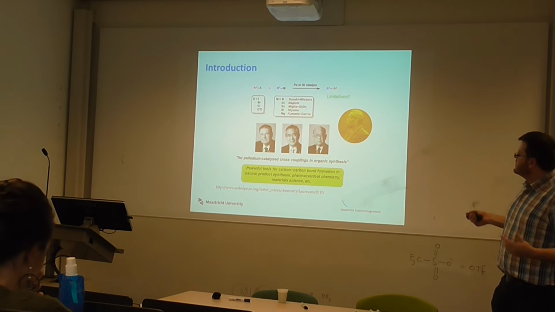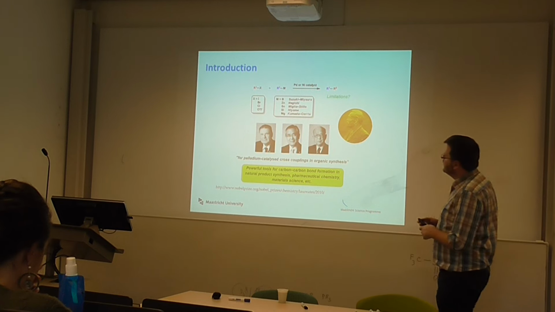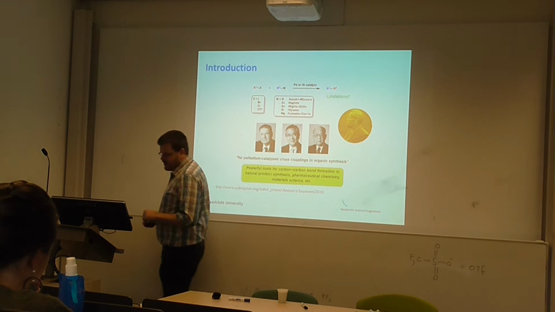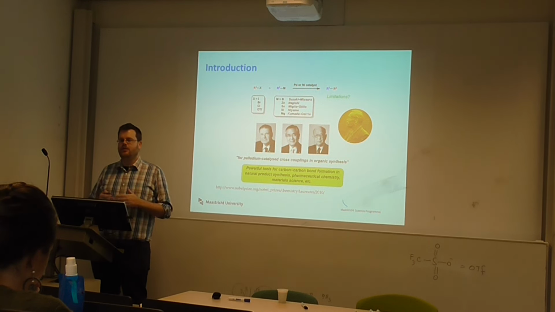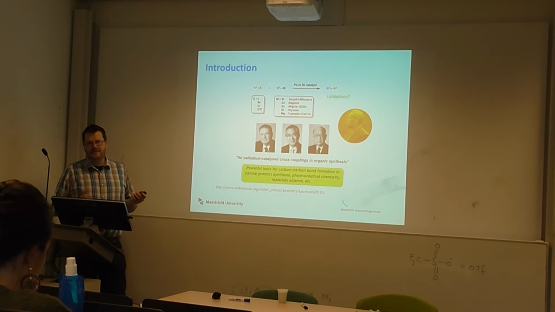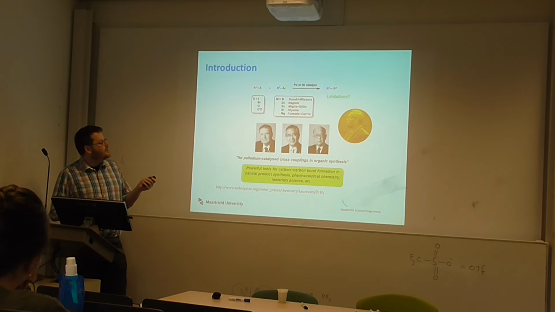So you get Suzuki coupling, Negishi, Stille, Hiyama, Kumada, also Sonogashira, etc. There's a whole variety of these. And their difference ultimately is just that we're using a different reagent here for the R2. But ultimately it's catalyzed by palladium or nickel, typically palladium actually, and you form the desired coupled product.